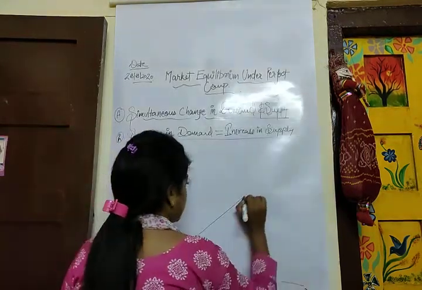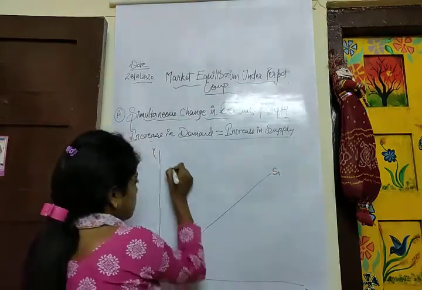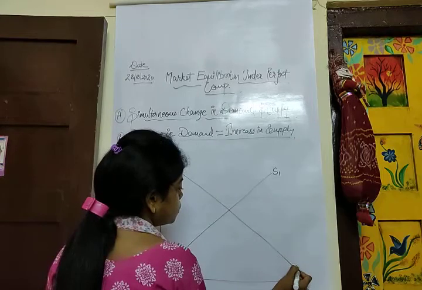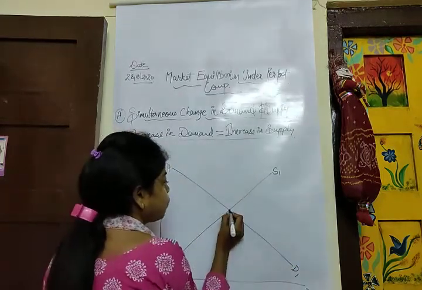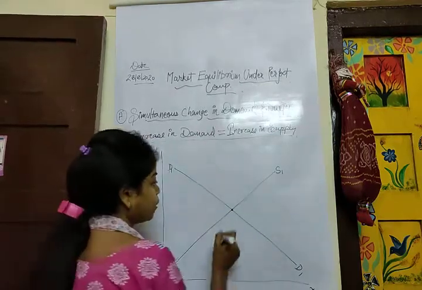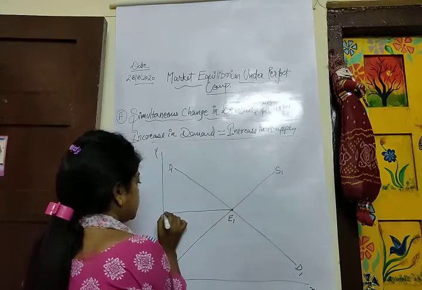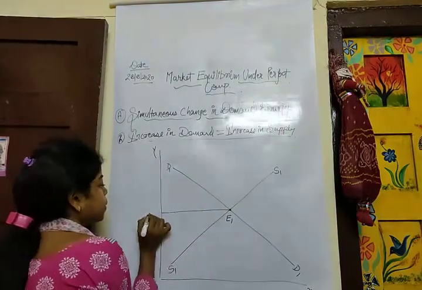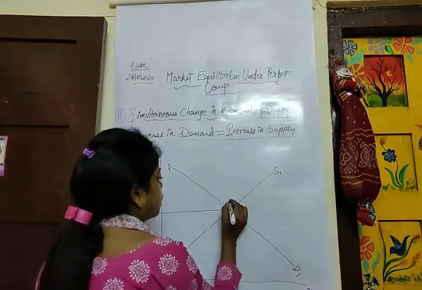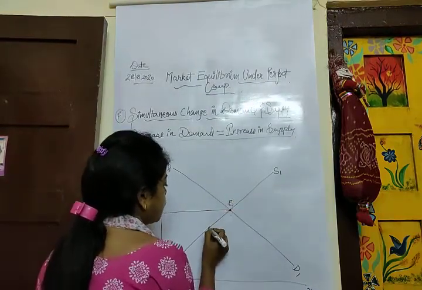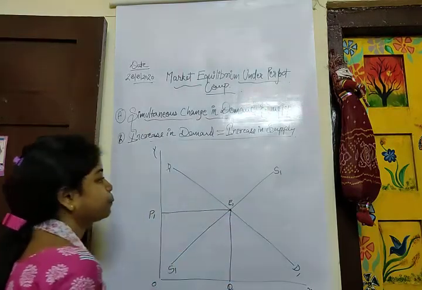This is S1 supply, this is D1 demand, and this is the intersection point where the market equilibrium is struck. So it is E1. This is the equilibrium price P1, and this is the quantity Q1.